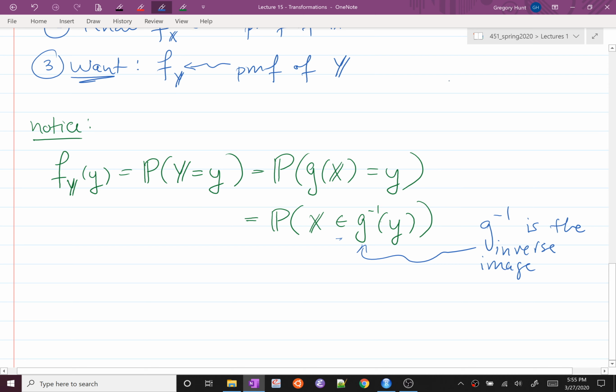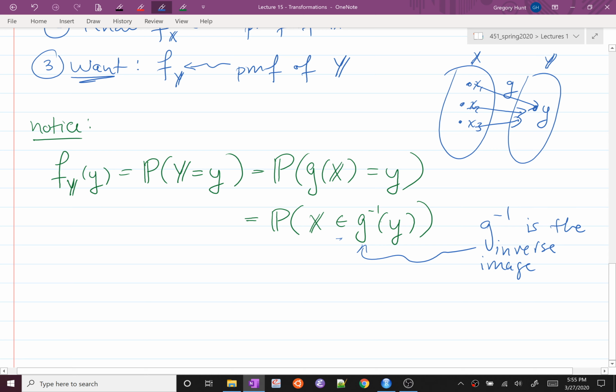So it could be the situation where, if I look at my possible values of x and my possible values of y, and I have little y here, it's possible there are multiple x's, x1, x2, x3, that map under g to the same y here. And so if I look at the inverse image of this little y, it's actually going to be a set.